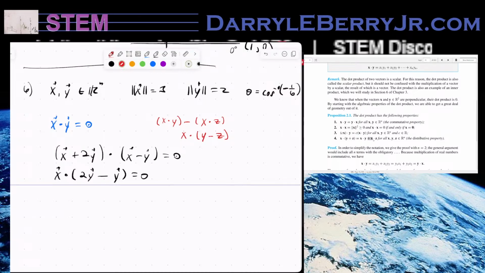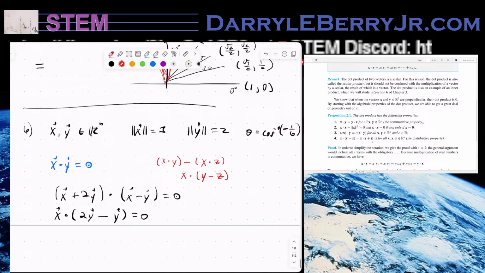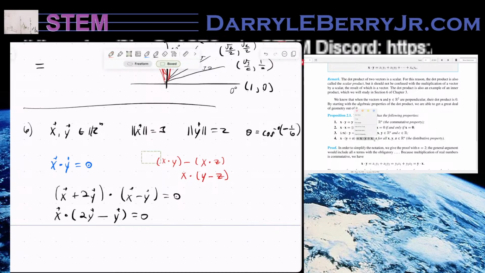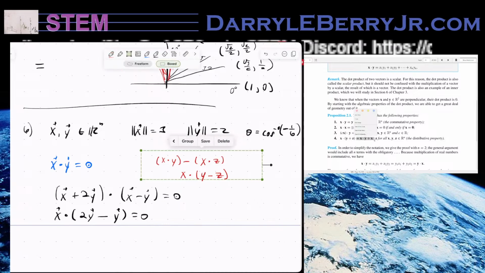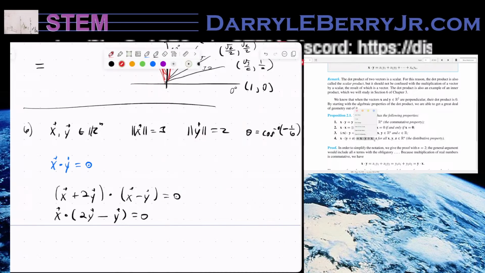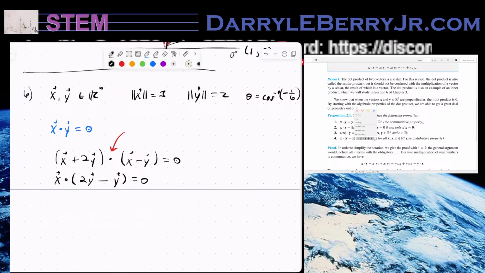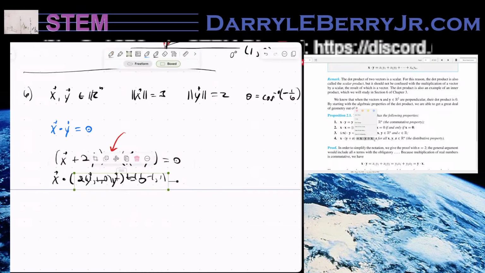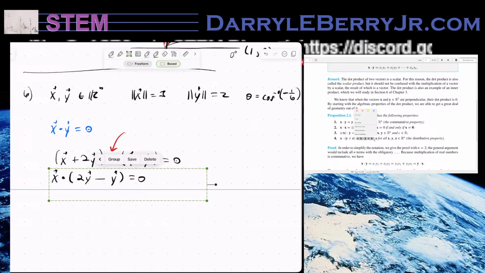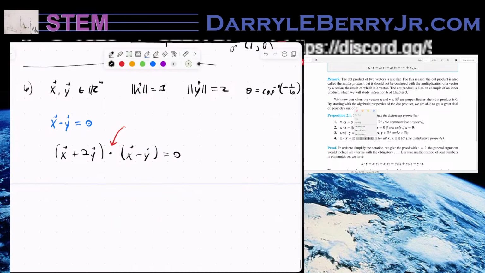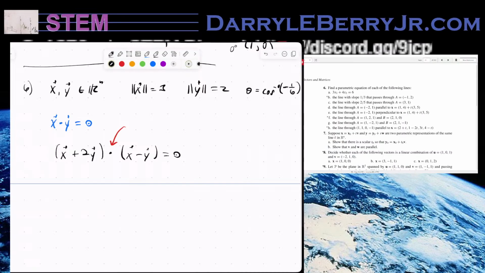So there are two dot products with a sum between them, but here I have two sums with a dot product between them, so that doesn't work with this. All right, good to keep that clear. The theorem or the law, whatever it is, only works if there is a sum between two dot products, not a dot product between two sums. So it's good to keep in mind.